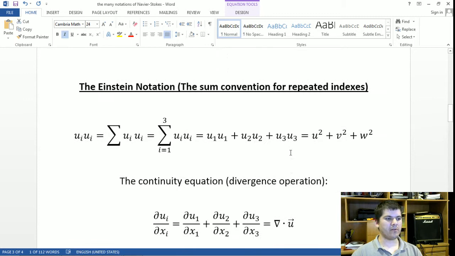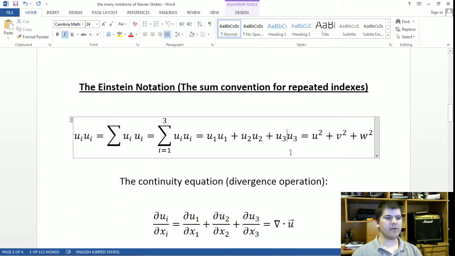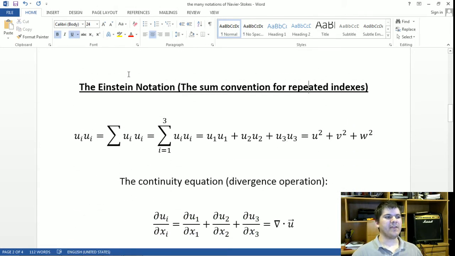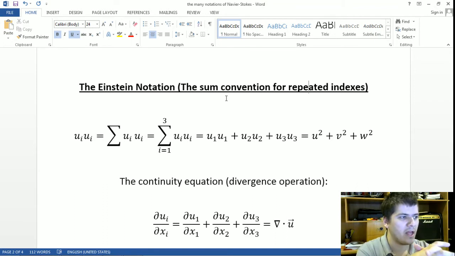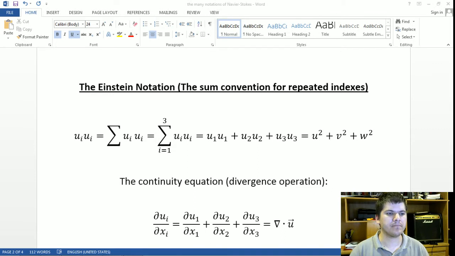So first of all, I'll introduce the Einstein notation, or the sum convention for repeated indexes. What exactly is the Einstein notation?